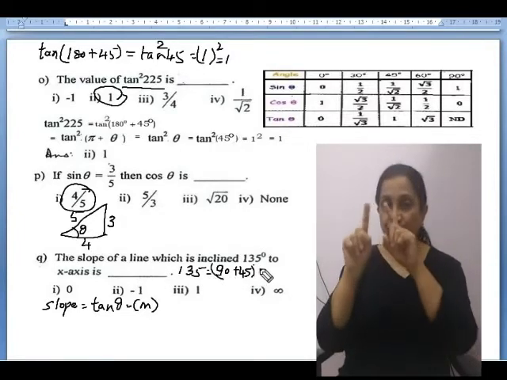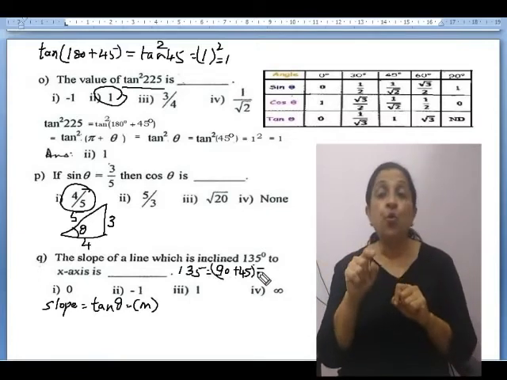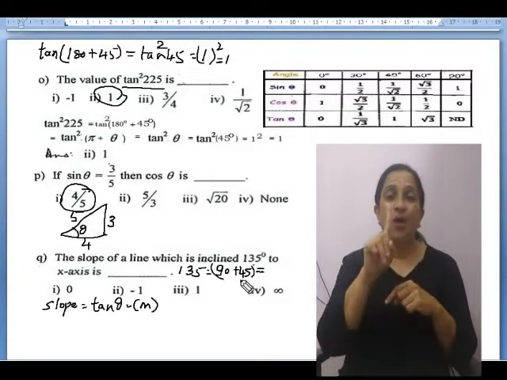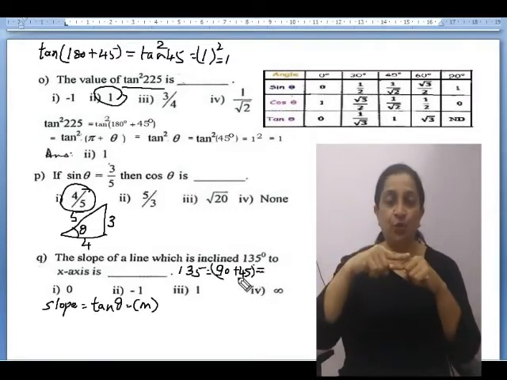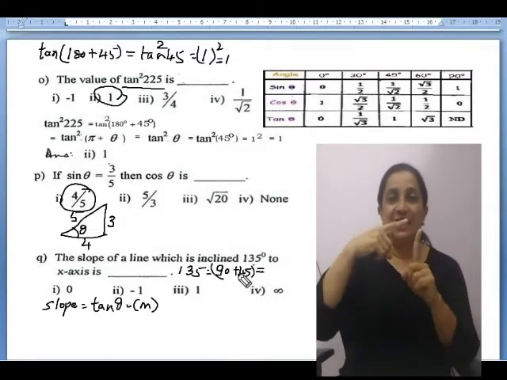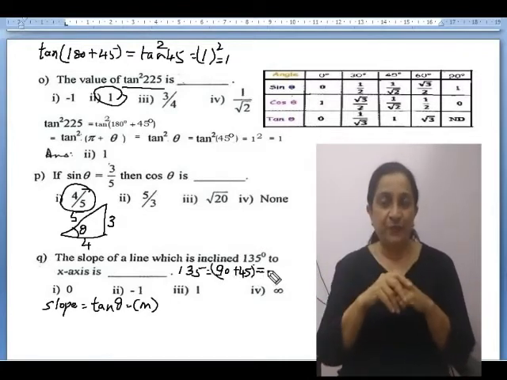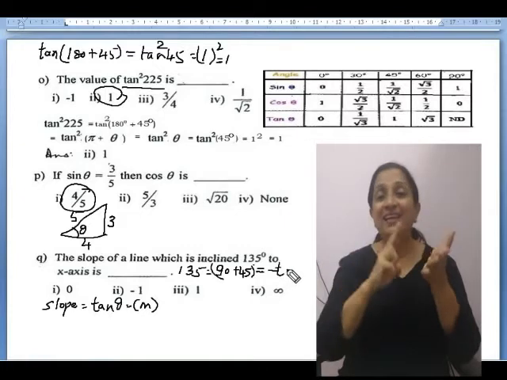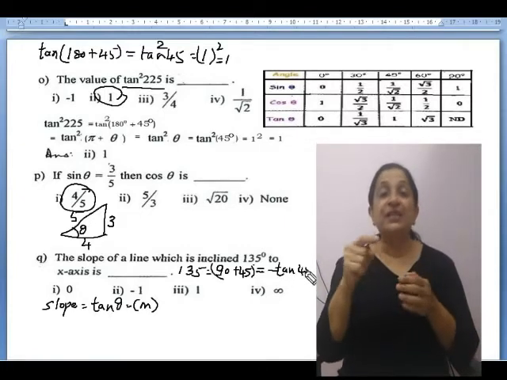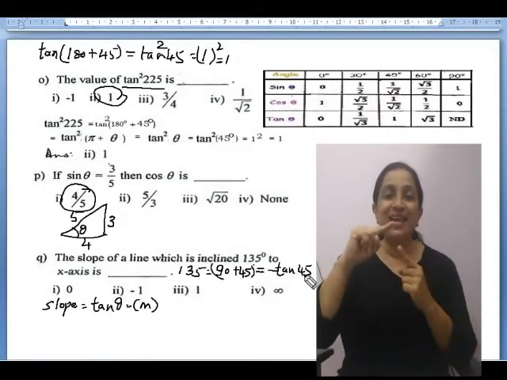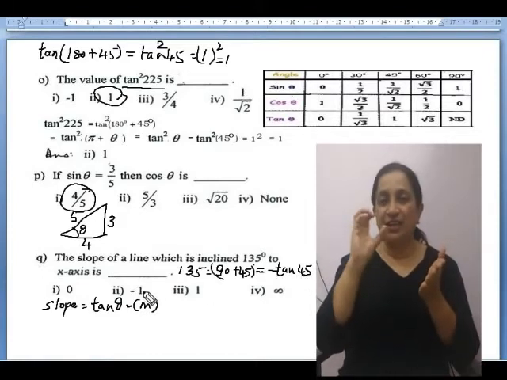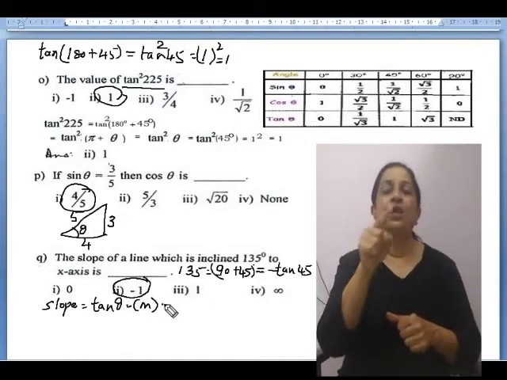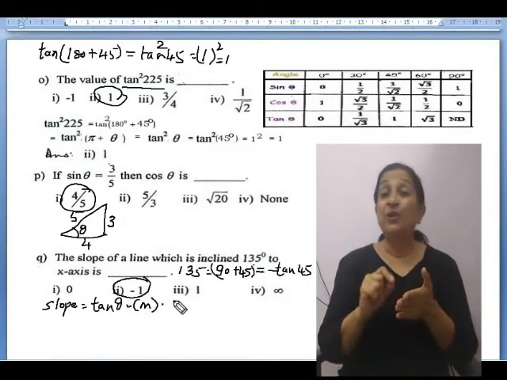Only sine is positive there, tan is negative, so it will be minus tan 45. But tan 45 is equal to 1, so the answer will be minus 1. The slope is minus 1.